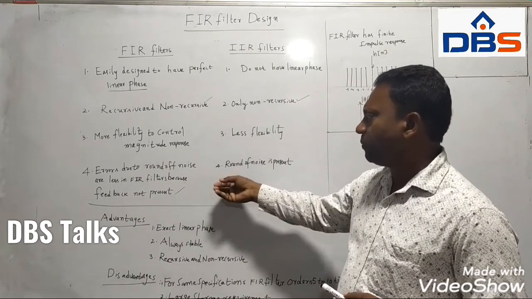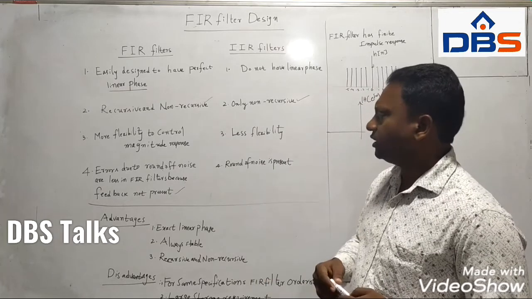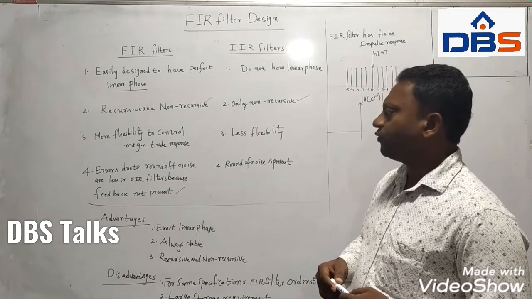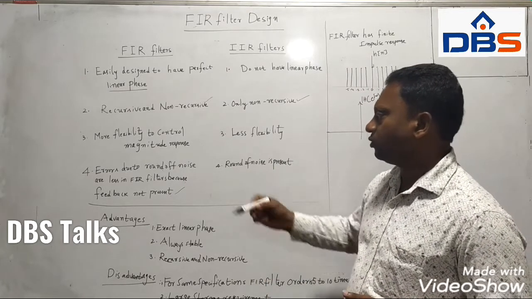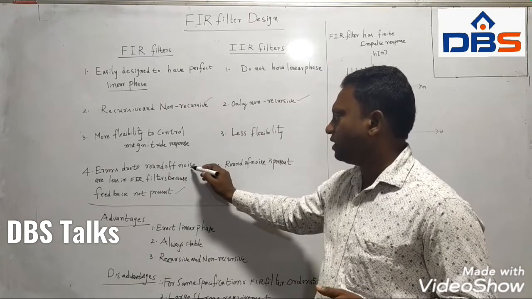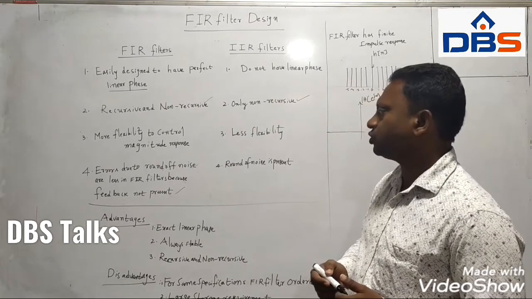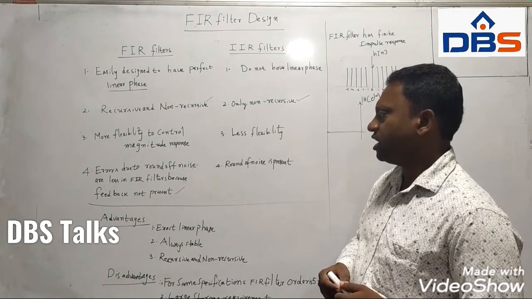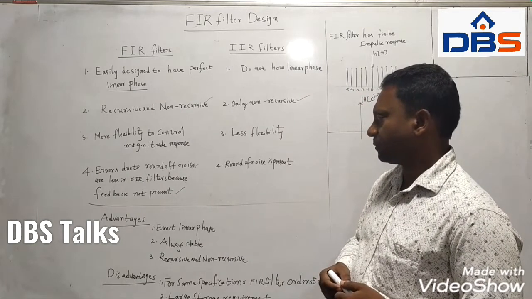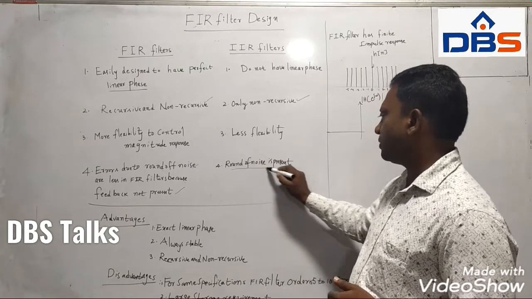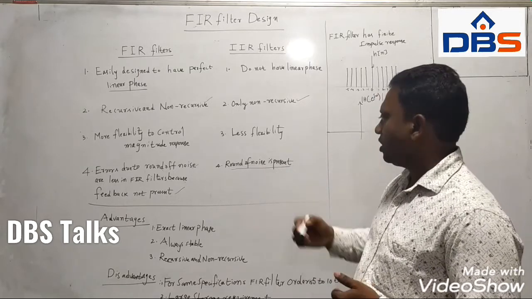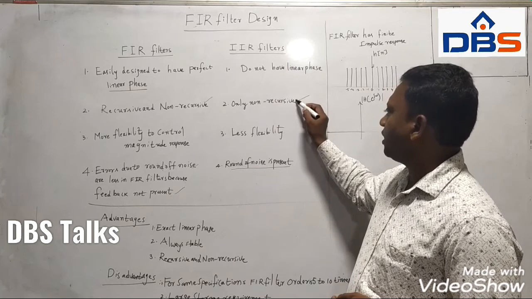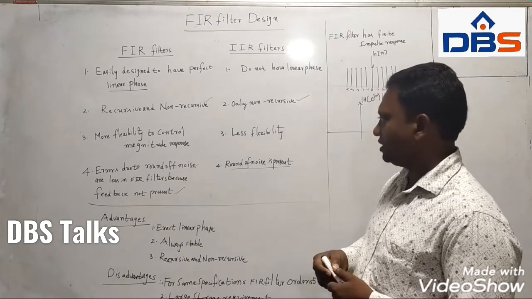So that type of feedbacks are not present in the FIR filters. Therefore, we'll have less noise. Errors due to round off noise are less in the FIR filters because feedback is not present. Here round off noise is present because in the IIR filters only it is a non-recursive realization.